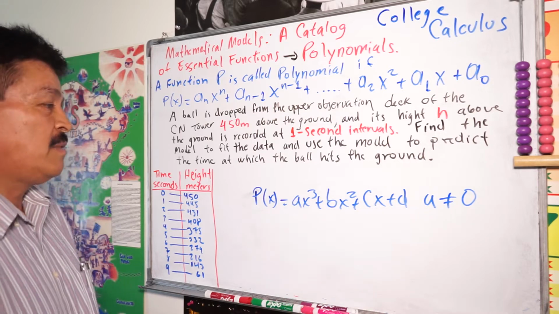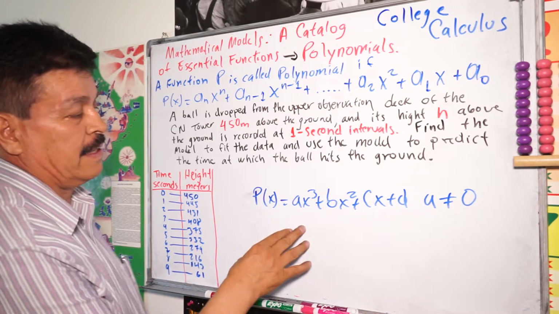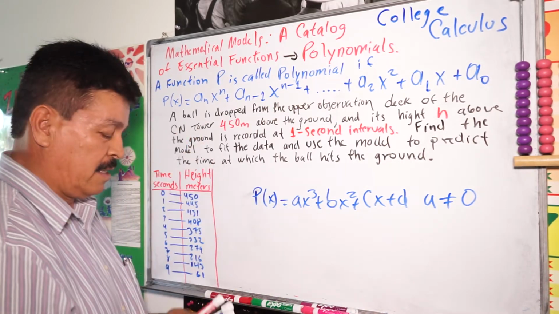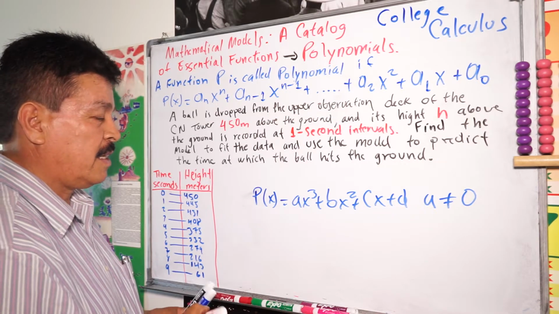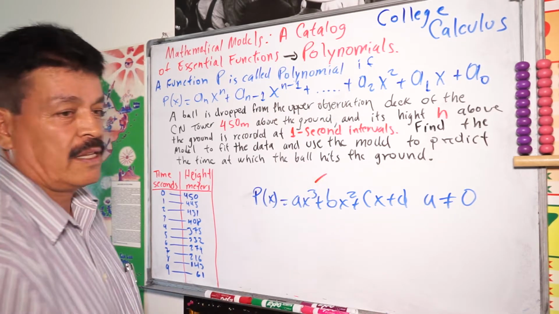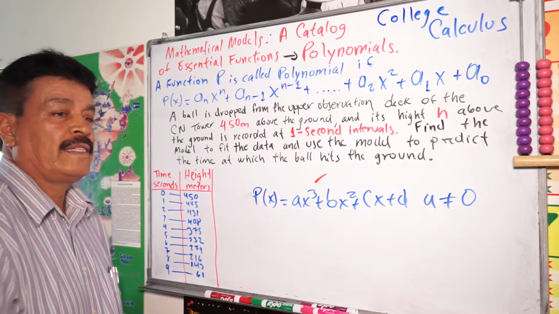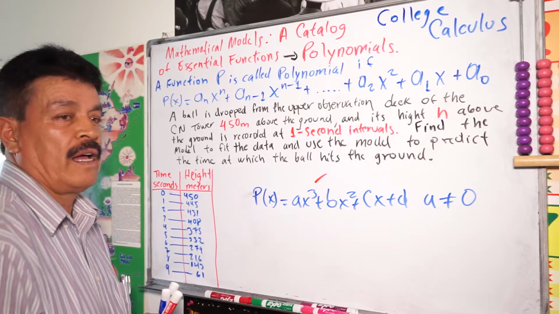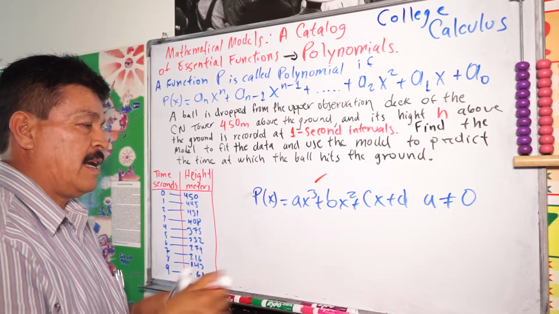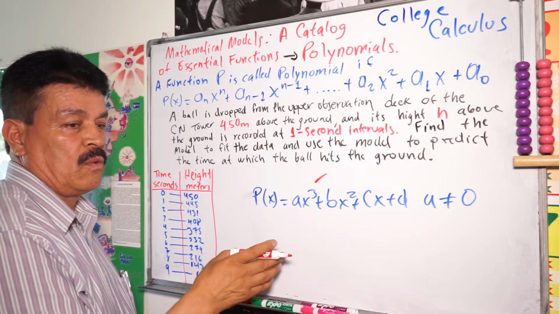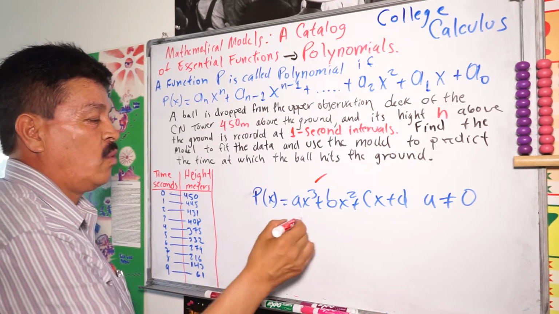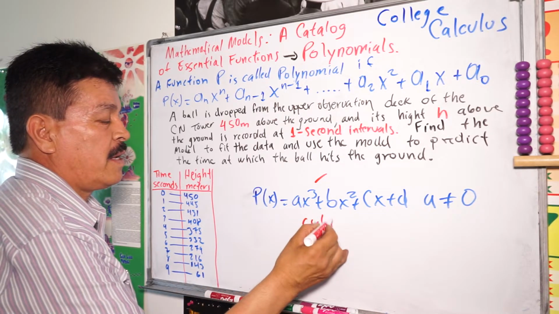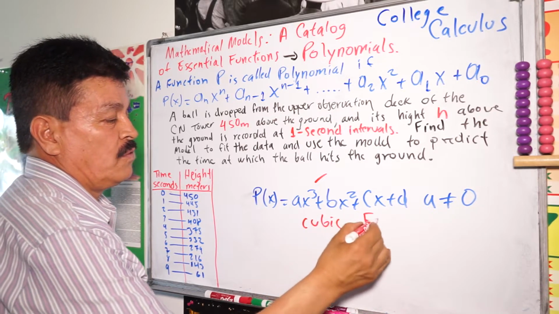This polynomial has degree 3, the third degree is the maximum. We also call this polynomial a cubic function. When you work in real life, this is a cubic function.